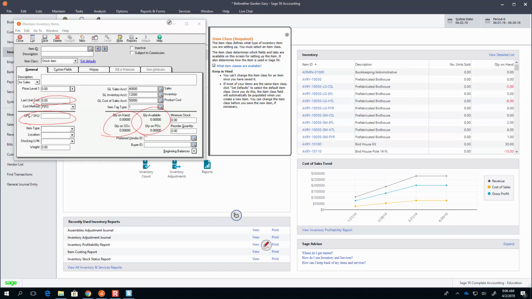to choose and select. But if I change this from a stock item to a non-stock item, a lot of those things disappear, right? Non-stock, I don't track quantities on. Or for instance, maybe if I pick a service item or a labor item, again, does not track quantities on.